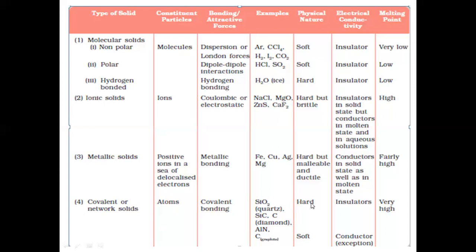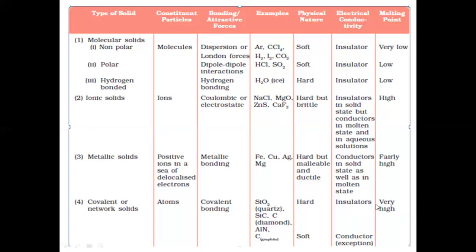So generally these are hard, but exceptionally graphite is soft. Generally covalent solids are insulators to electricity, but exceptionally graphite is a good conductor of heat and electricity, and their melting points are very high among all these kinds of crystalline solids.